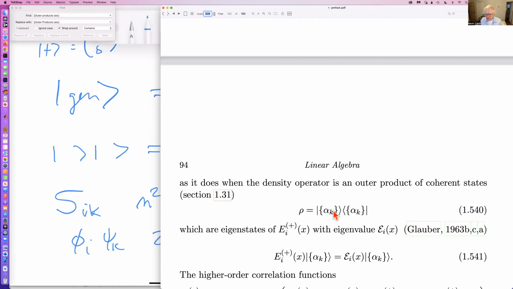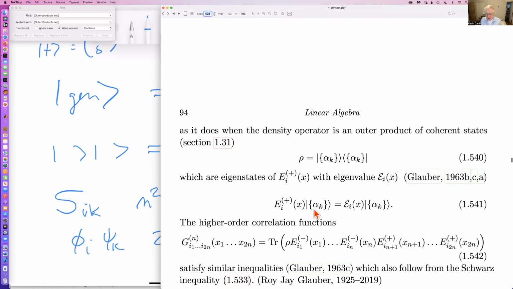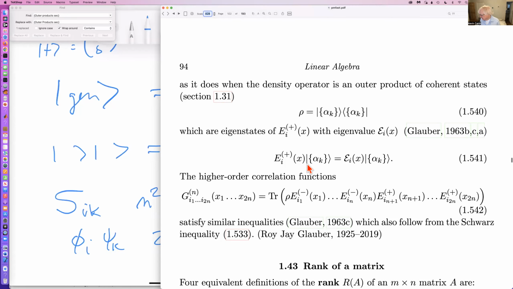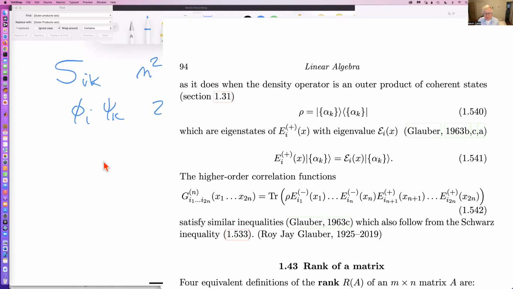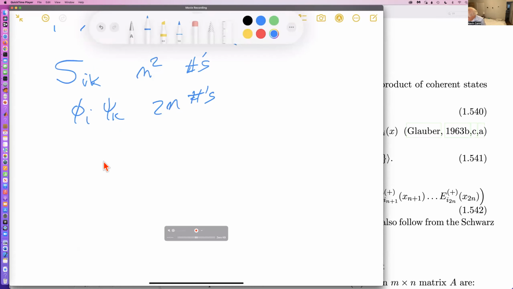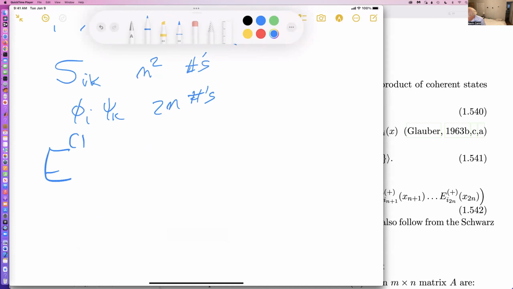Anyway, the density operator is an outer product of coherent states, and what is happening here in this equation is that E plus sub I of x acts on this state, alpha.